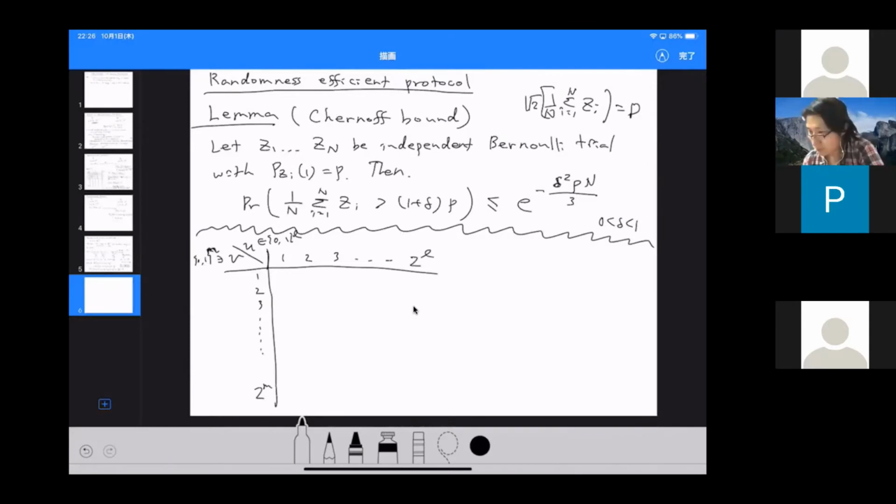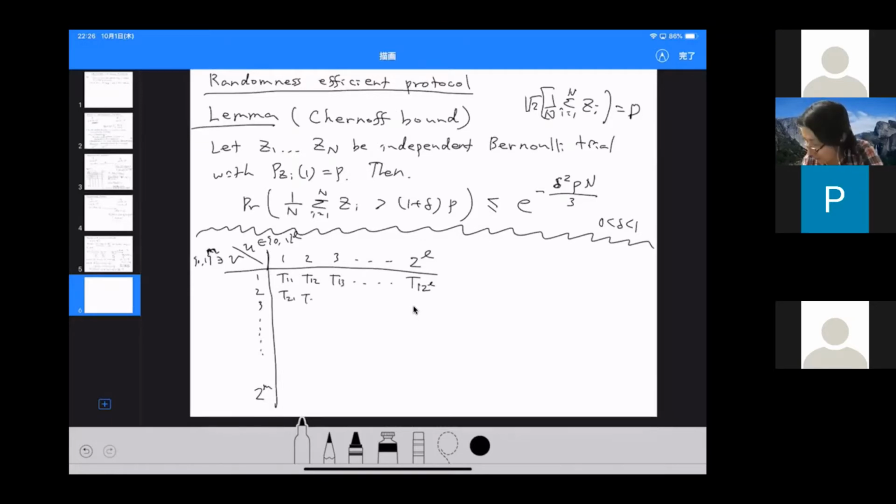We consider arrays of random variables indexed by V and U, like this table, up to T of 2 to the power m.